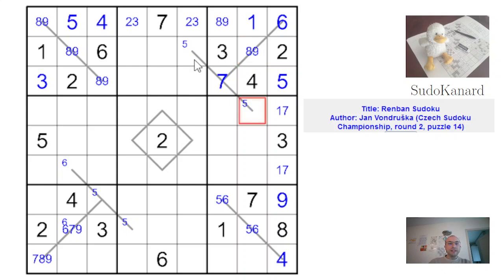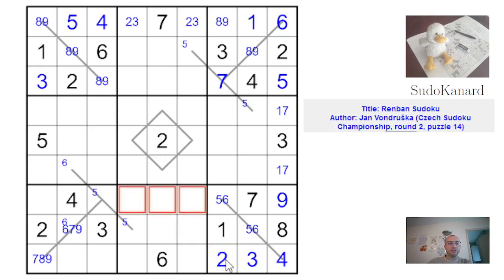And there needs to be a 5 in here. And the other digits, if this is 9, then those will be 5 and 8. If this is 8, then those will be 5 and 9 or 5 and 4. Not interesting. Those are 2 and 3, but there's a 3 here.